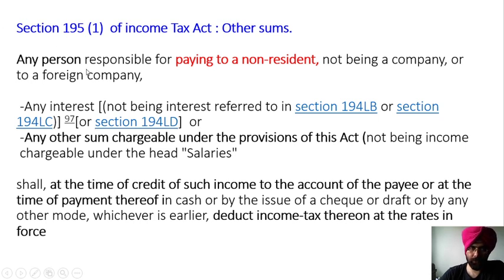If a person is an individual or a partnership firm, any person who is responsible for paying to a non-resident, then any sum chargeable which is not chargeable under the head salaries, then he has to deduct the TDS at the time of credit of the income to the account of the payee, or at the time of payment thereof in cash, or by issue of cheque, draft, or by any other mode, whichever is earlier.